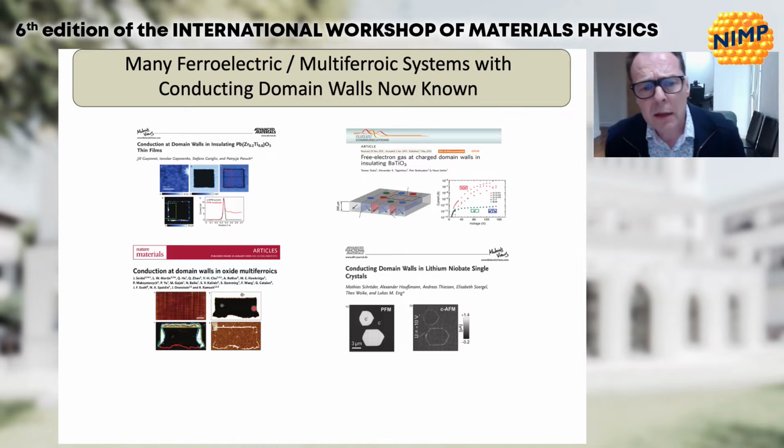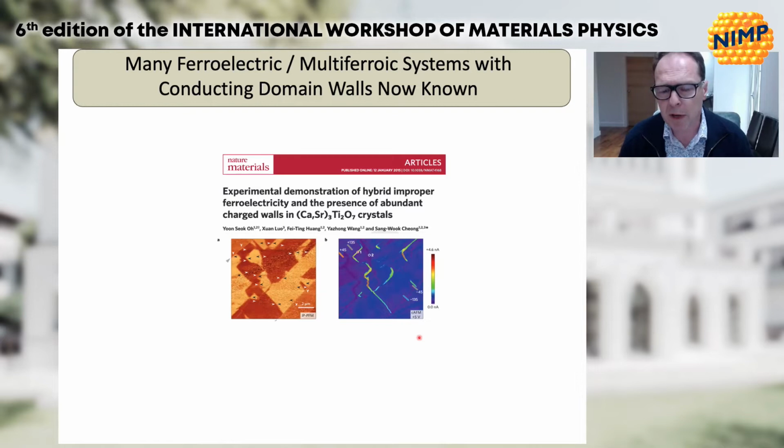And since then, there's been a discovery phase where we have found out that it's not just domain walls in bismuth ferrite that can conduct, but also in PZT, in barium titanate, in lithium niobate, in a range of proper ferroelectrics, and also in a range of improper ferroelectrics.